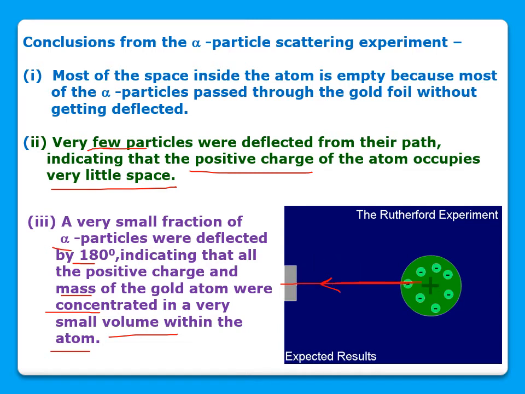Three observations were made by Rutherford during his experiment, and on the basis of those three observations, he made three conclusions. He said most of the space inside the atom is empty. Okay. And the positive charge of the atom occupies very little space. This is the second point. And the third point was the positive charge and mass of the atom were concentrated in a very small volume within the atom.